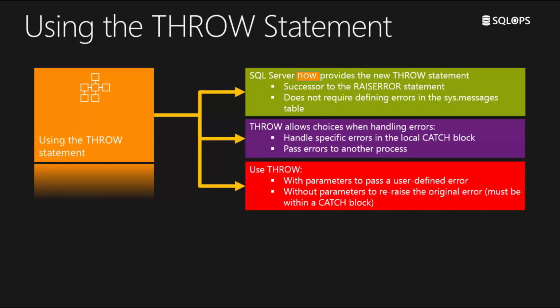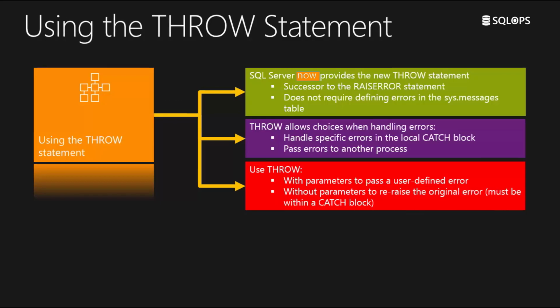And from within a catch block, you can use throw without any parameters to re-raise the original error that invoked the catch block. One thing to remember when using the throw statement to handle user-defined errors is that the error number argument is an int data type and must be greater than 50,000. Values less than 50,000 are reserved for system messages.